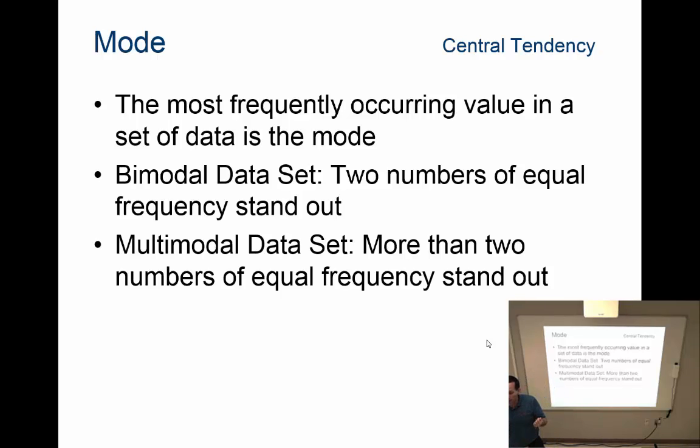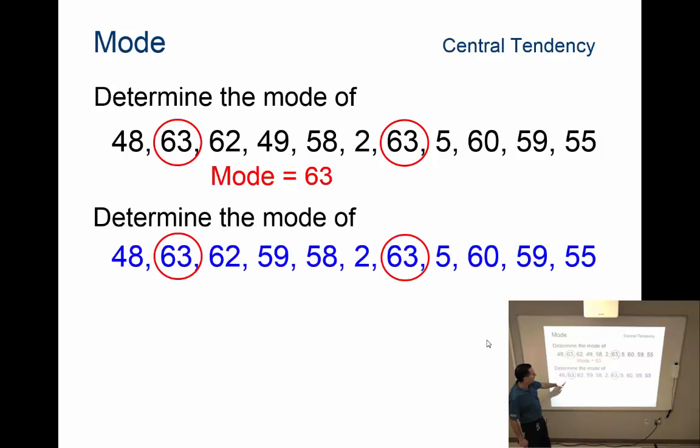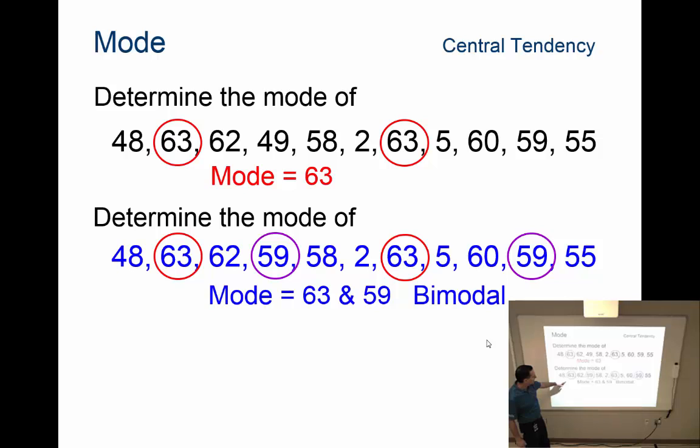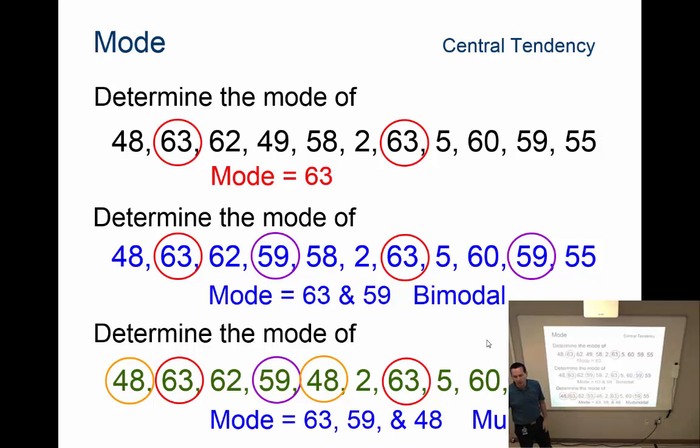So we can have the mode if there's just one, bimodal for two, or multimodal for anything more than two. So we'll look at the three examples of each. 63 is what's occurring most often. That's the mode. In this case, I see 63 and 59, so this is a bimodal data set. And then looking here, I see 63, 59, and 48. This is considered multimodal.